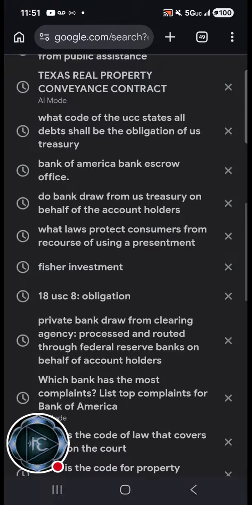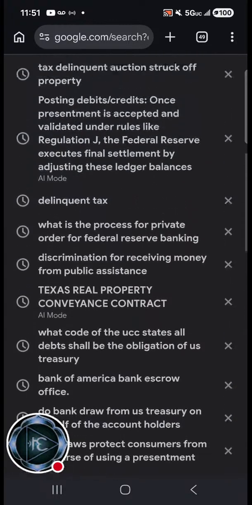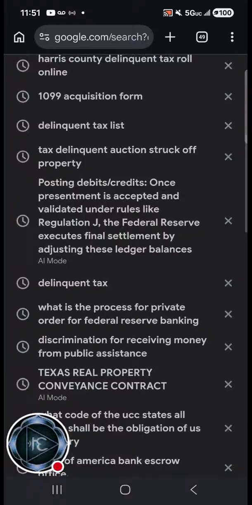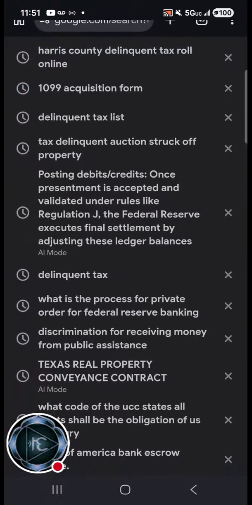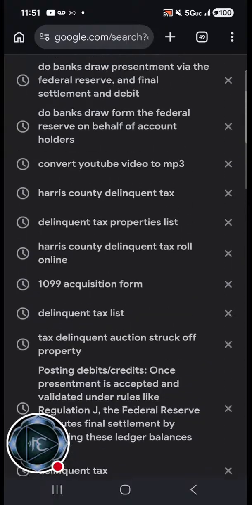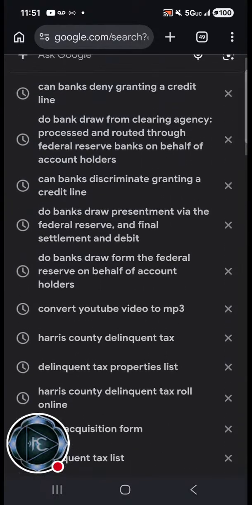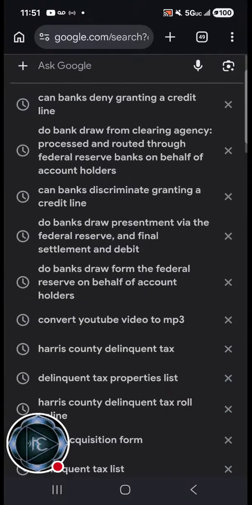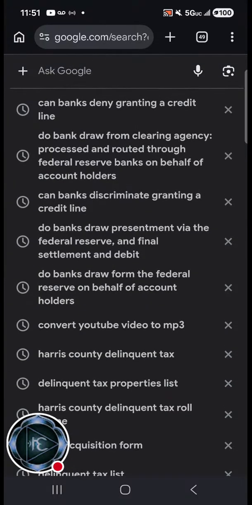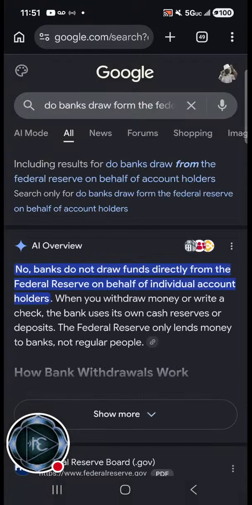I asked, do the banks draw from the U.S. Treasury? I asked, did they draw from the Federal Reserve? And they said, no, no, no. Okay. And that's mainly because of how I was posing the question. Do banks draw from the Federal Reserve on behalf of the account holders? No. Okay.